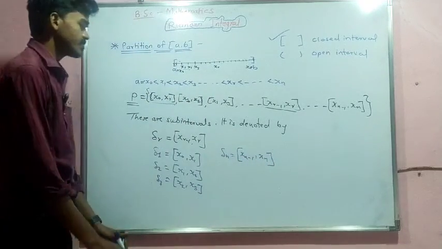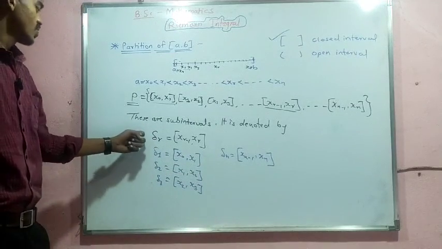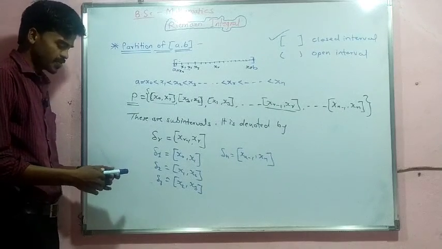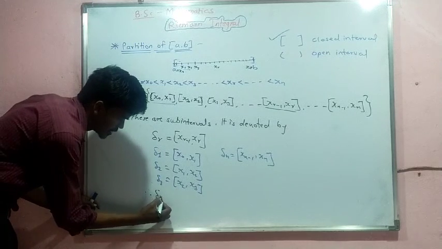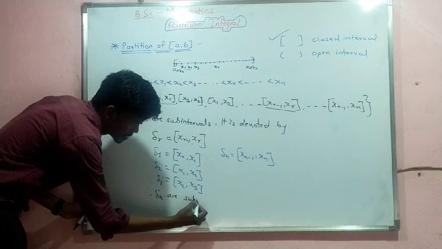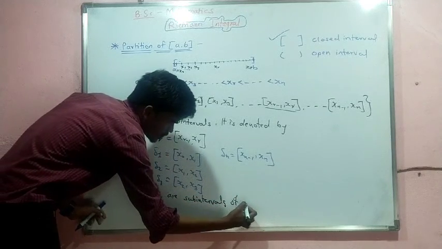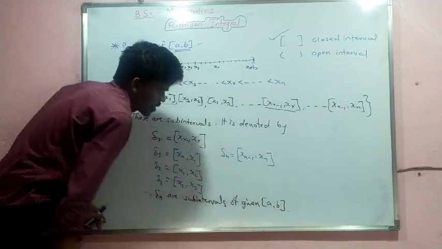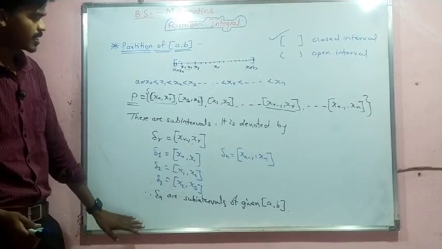So delta r or delta n means the subintervals of the partition. These deltas are the subintervals of the given closed interval AB. So this is the concept of partition of AB.